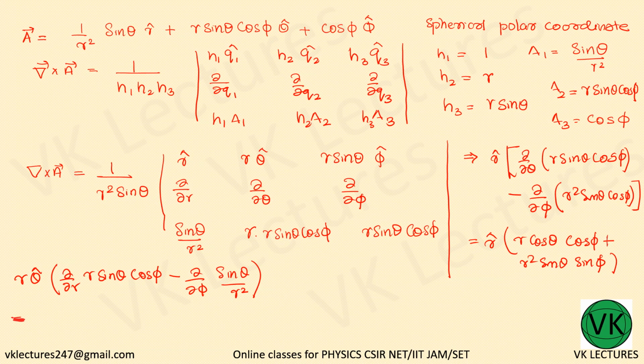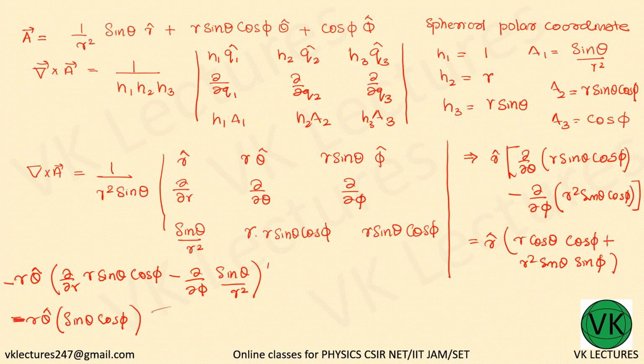So that's equal to r theta cap into dou by dou r of r sin theta cos phi, so sin theta cos phi will remain, minus this term will be 0. And there is a minus sign because this is the second term.